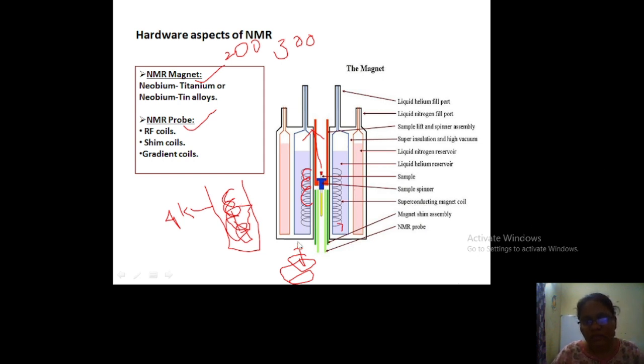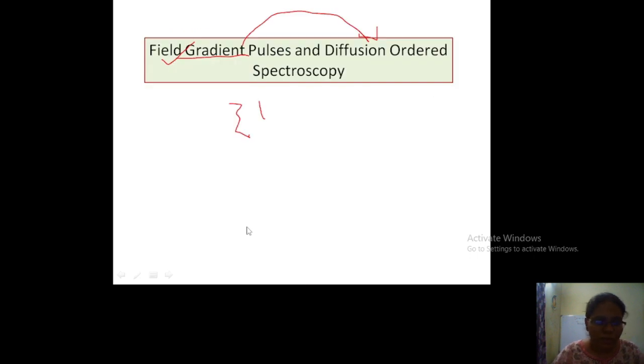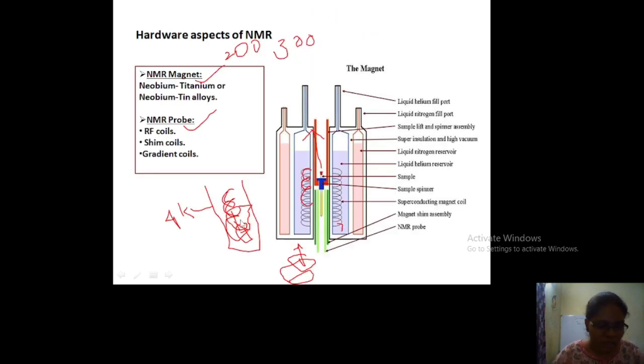The magnetic field generated by the magnet present in the NMR is called the external magnetic field, and it is represented by B naught.